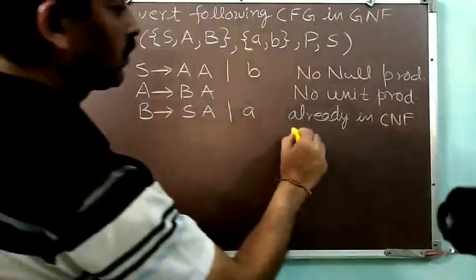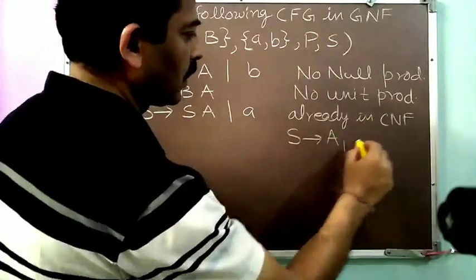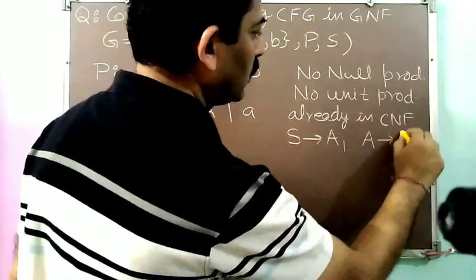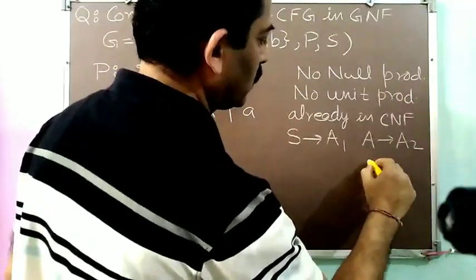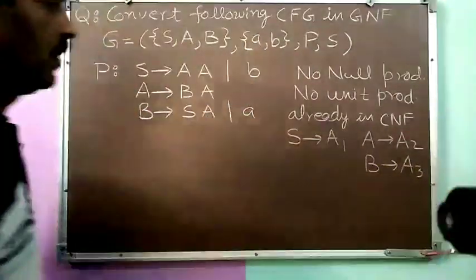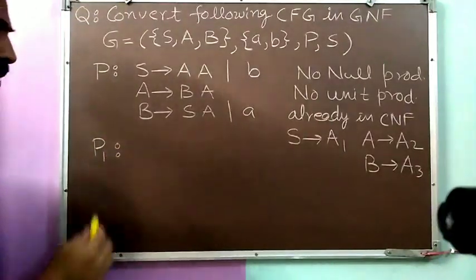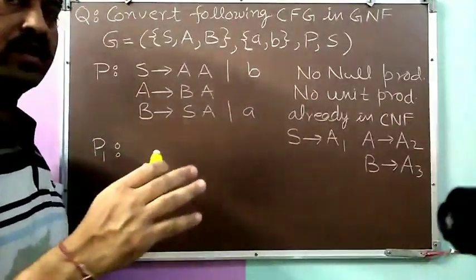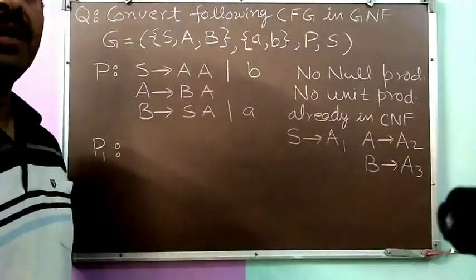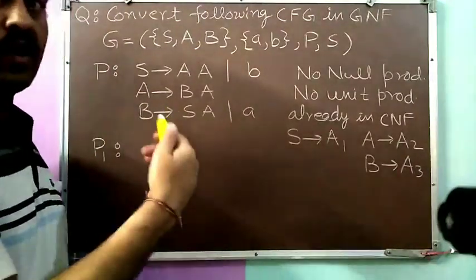Suppose we replace S by A1, A by A2, and B by A3. These replacements give us a new set of productions, let us say P1. We will call the set of productions produced by each of these steps P1, P2, P3, P4 and P5, so that we may distinguish between the result of each step.